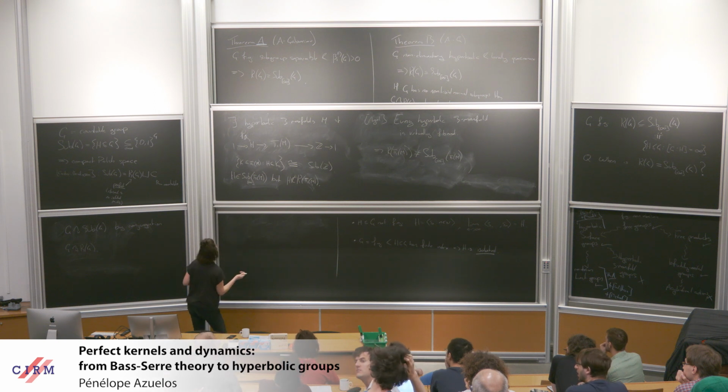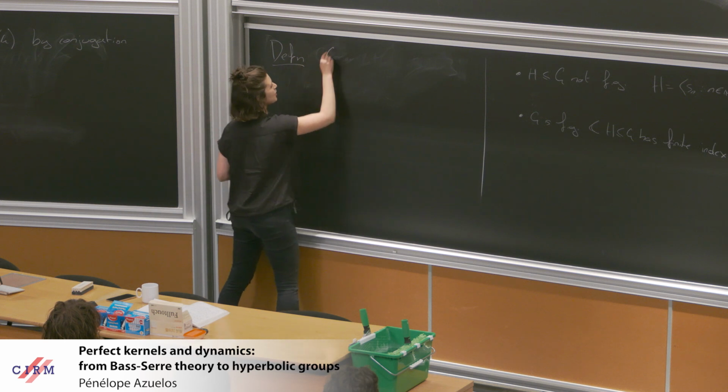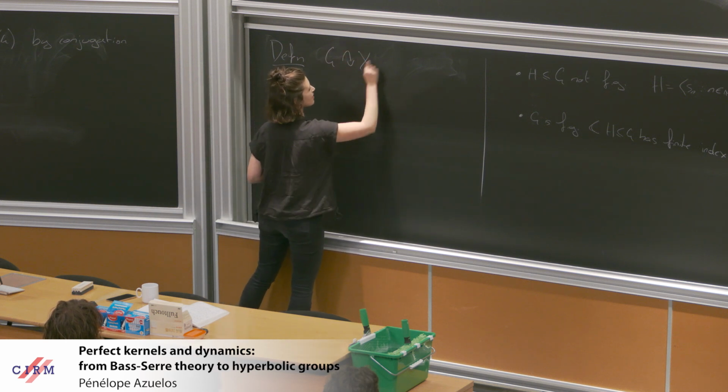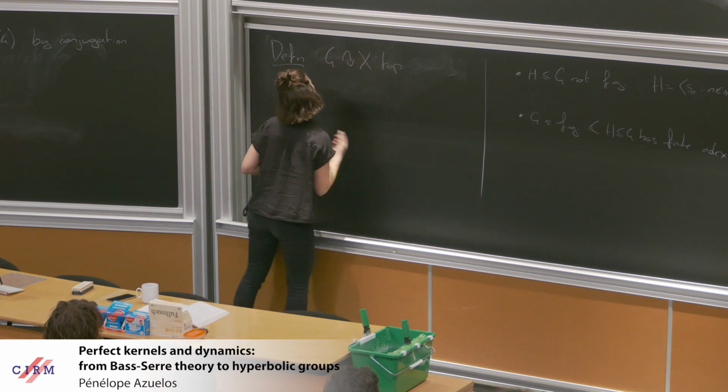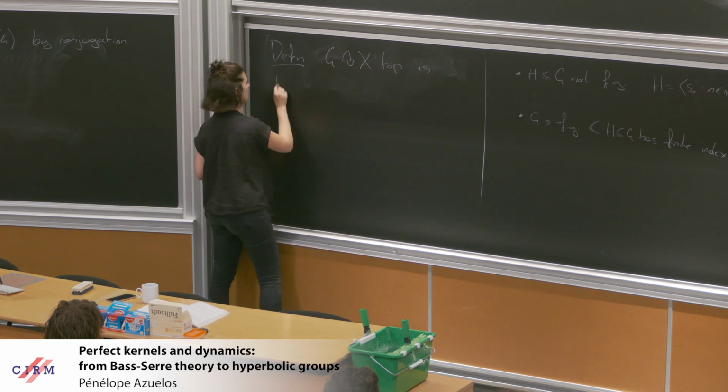Right, so what do we mean by topologically transitive? Suppose G acts on X, a topological space, then the action is topologically transitive.